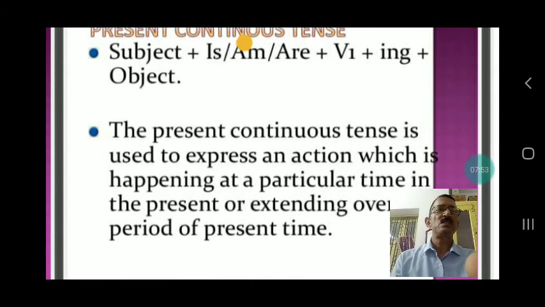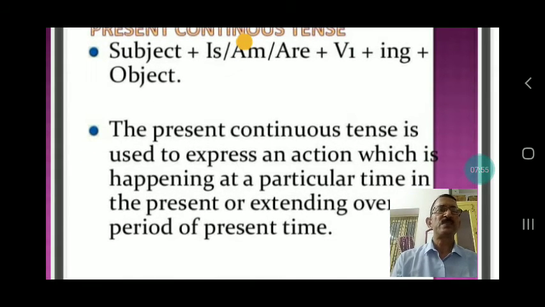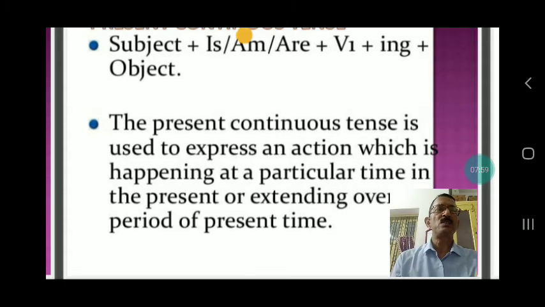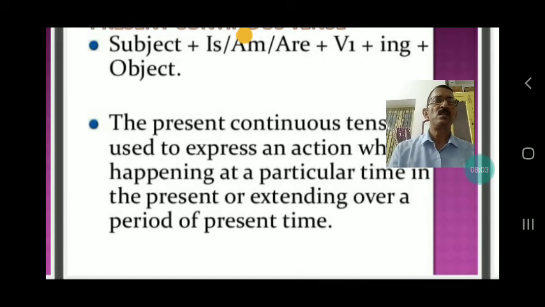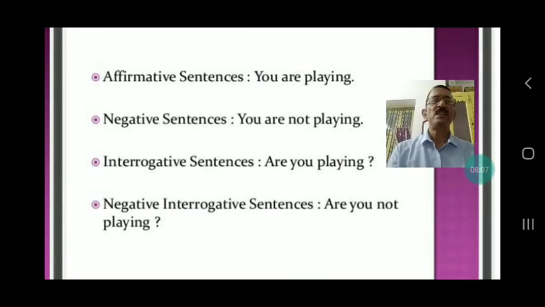The present continuous tense is used to express an action which is happening at a particular time in the present or extending over a period of present time. The sentences may go like this: affirmative, you are playing; negative, you are not playing; interrogative, are you playing? And negative interrogative, are you not playing?